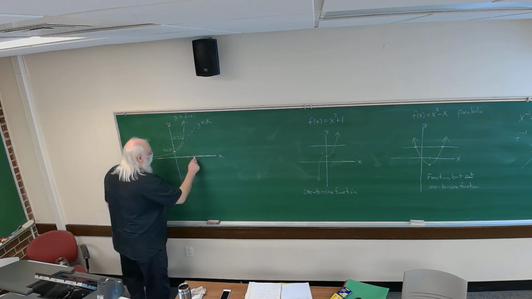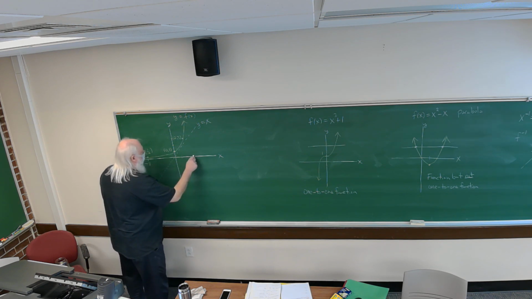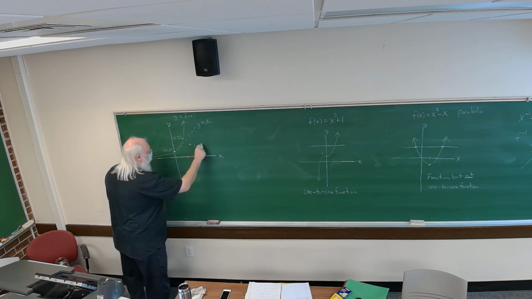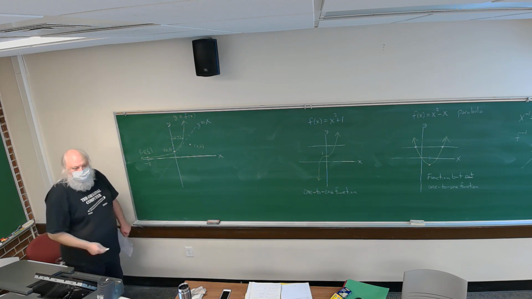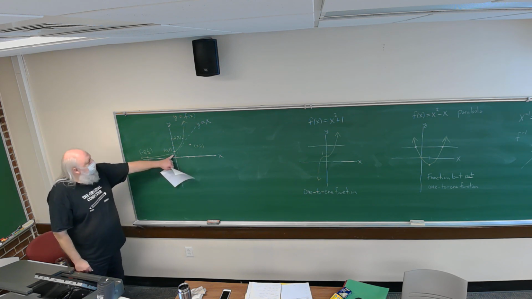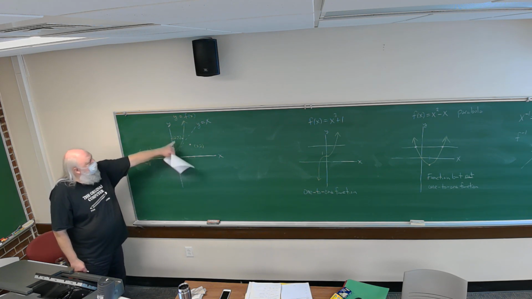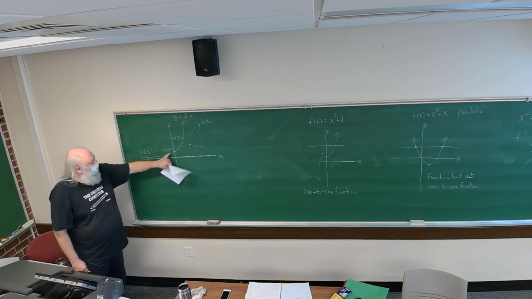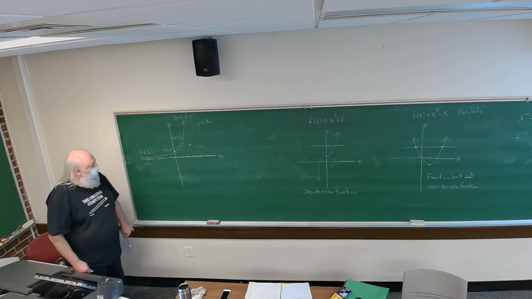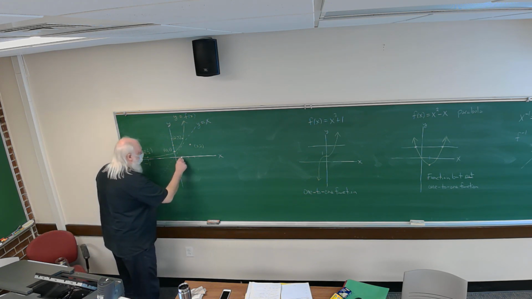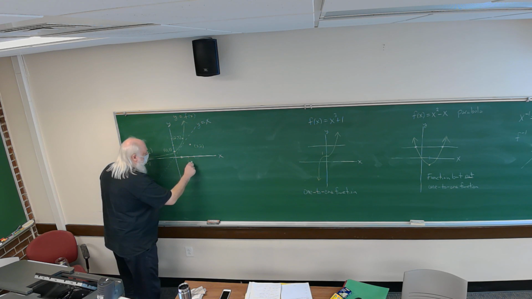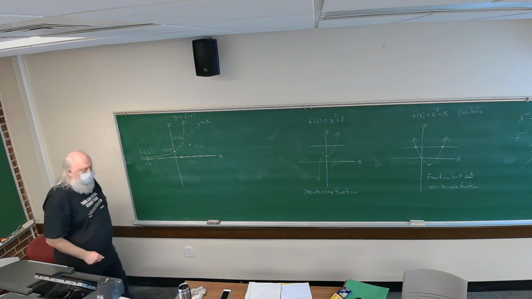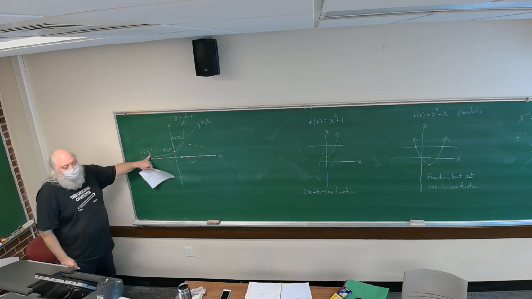So here is x equals 3, and here is y equals 2. This point (3, 2) is on the graph of the inverse function. The point (0, 1) is on the graph of f of x. When I switch the two coordinates, I get the point (1, 0), which is on the x-axis, and that point is on the graph of the inverse function. Then out here we have (-8, 1/2). When I switch those two numbers, I get the point (1/2, -8).